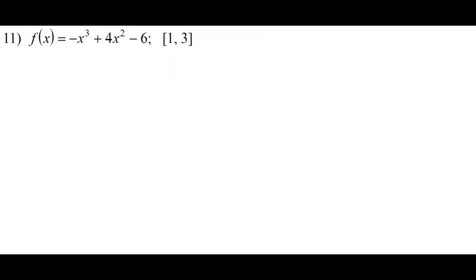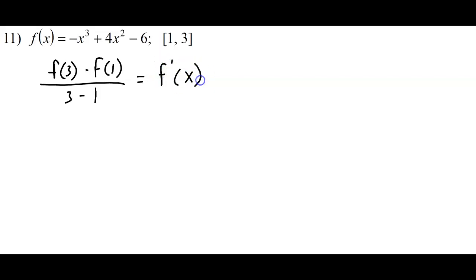All right, so here we go. Let's do another one. We need to find out what is f of 3 minus f of 1 over 3 minus 1, and we want to set that equal to the derivative so we can solve for x. All right, so let's find out what f of 3 is, and let's find out what f of 1 is.